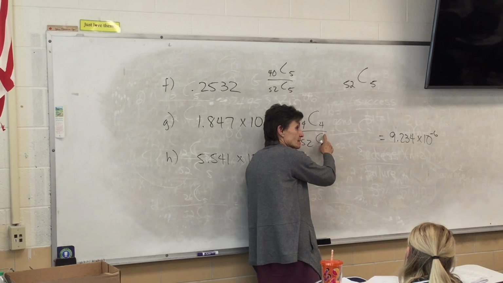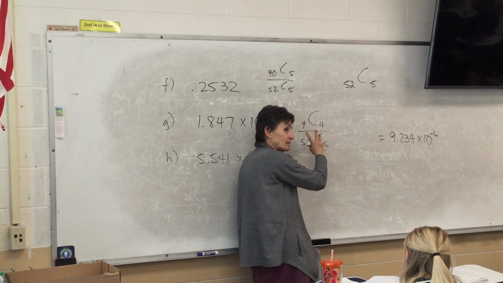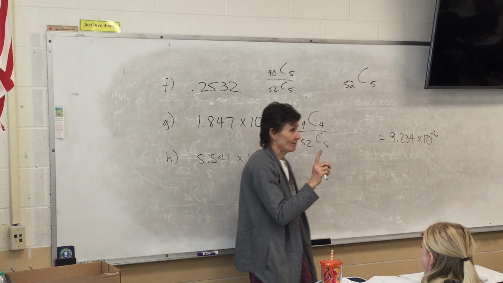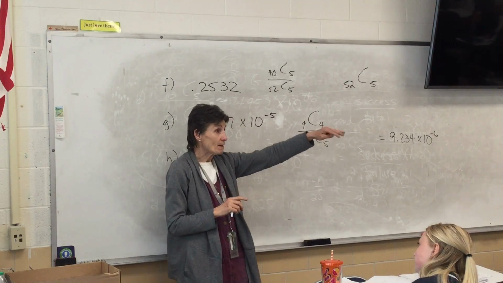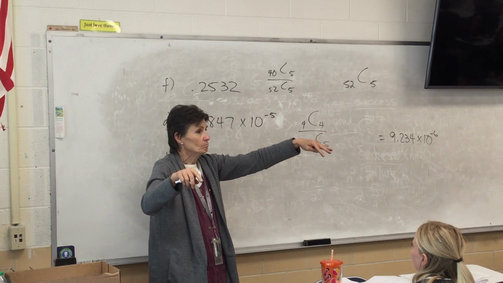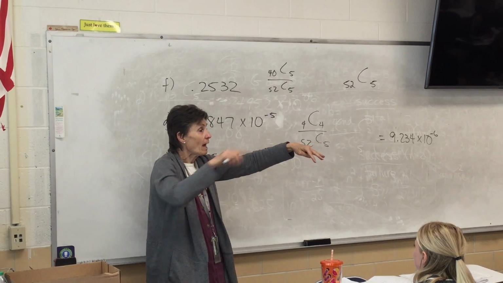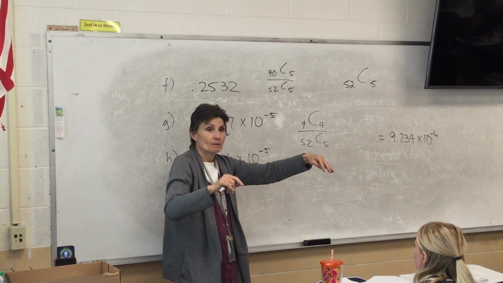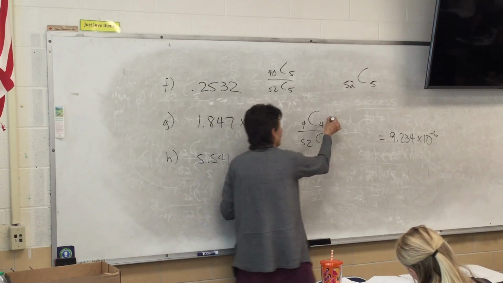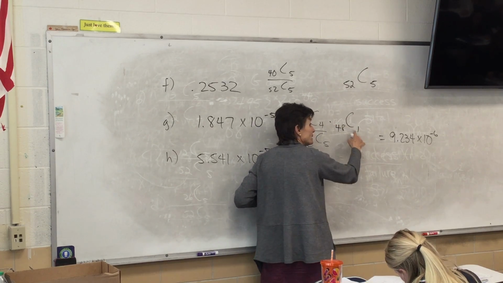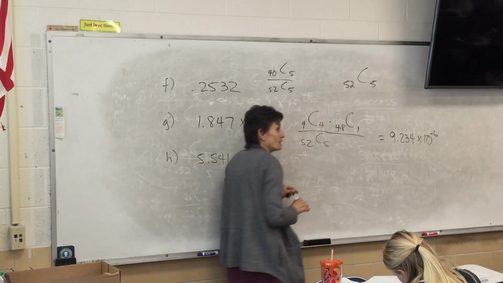Those are your aces. This isn't complete though, because how many cards are you supposed to have in your hand? 5. So 4 of them are aces. What's the other one? Not an ace. Well, how many cards are there in the deck that aren't aces? 48. So you want 4 aces and 1 not ace.